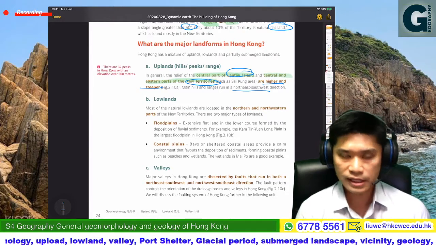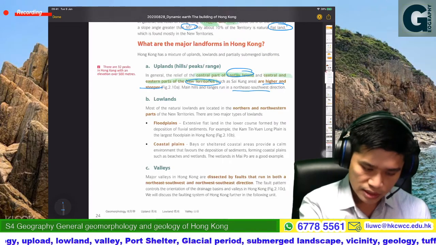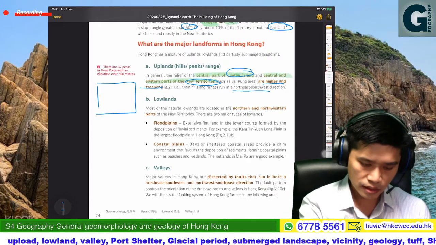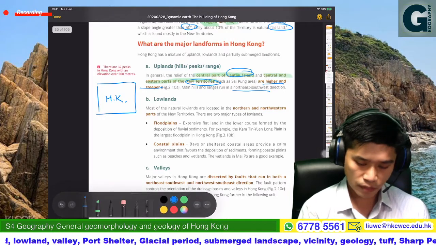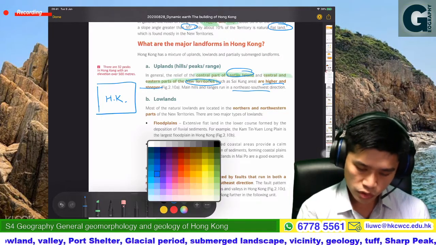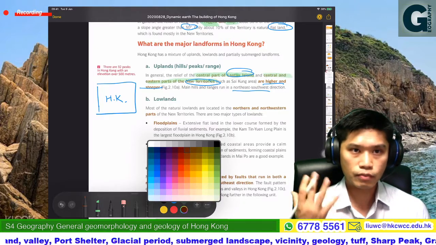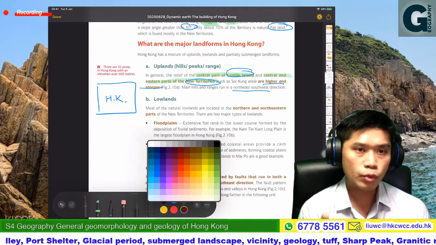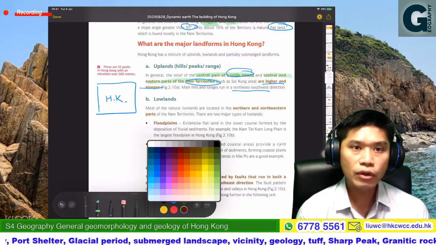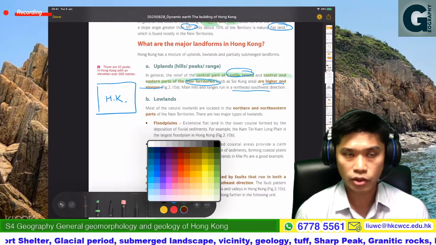So you may understand it as if this is the map of Hong Kong. Most ranges or hills actually run in a northeast-southwest direction. What does that mean?